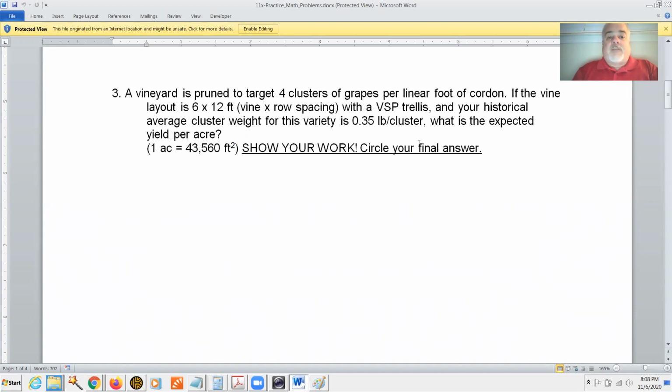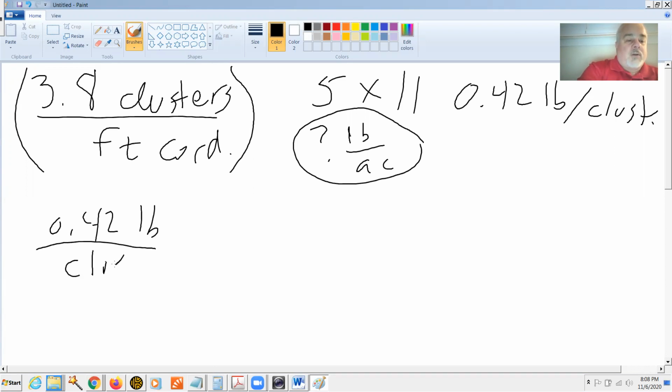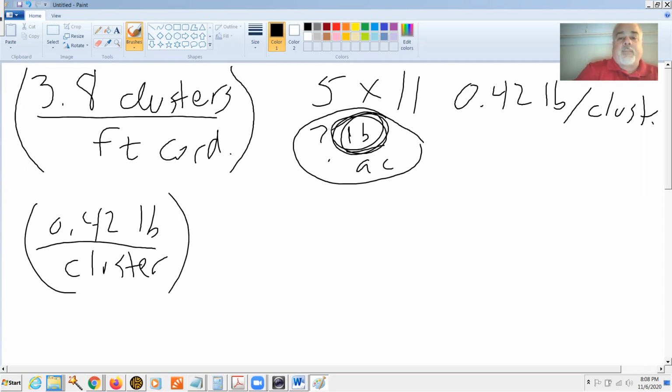So I need to figure this out. What do I need? What am I going after? Pounds per acre. Is there something that I have here that can start me out? Well, yeah, I've got pounds here. I know that I've got 0.42 pounds per cluster. I wrote it this way because I know I need pounds in the top.